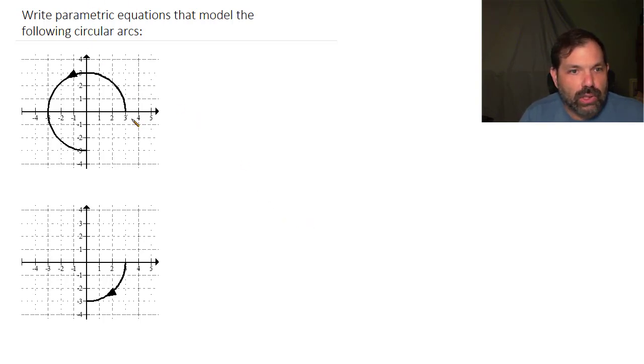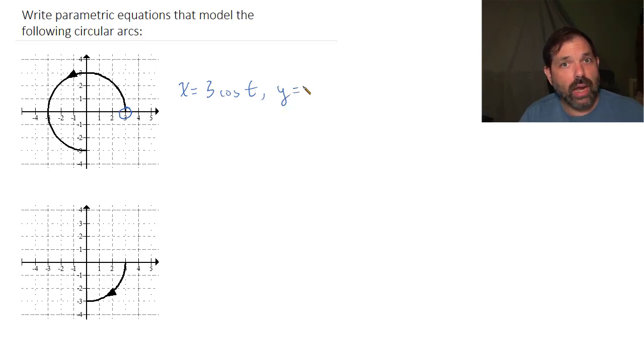What we've seen is that if it starts at (r, 0), in this case the radius is 3, then we can use x equals 3 cosine t. Now it's rotating counterclockwise, so we would use the positive on the sine: y equals 3 sine t.